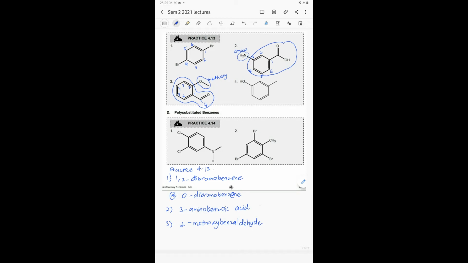Just now I forgot to explain to you that this can be o-aminobenzoic acid also. 2-methoxybenzaldehyde can become o-methoxybenzaldehyde.